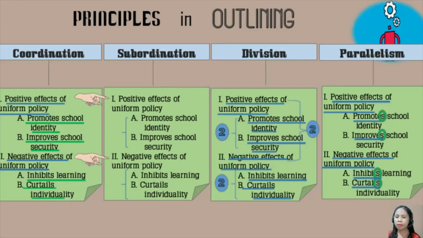The second subdivisions are also parallel, in which each subtopic makes use of verb phrases in the present tense. This means to say that if you constructed the subtopics in the present tense, you also need to make sure that all the other subtopics are constructed in the same way.